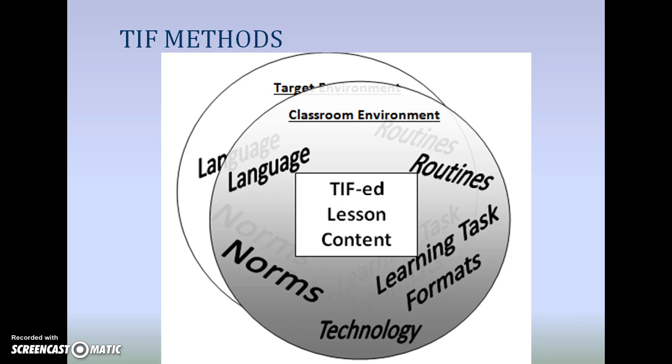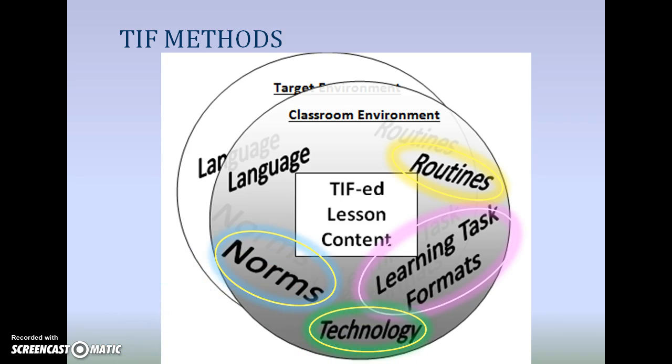So let's look more specifically at the methods that are in this classroom environment visual. We have routines, learning task formats, technology, norms, and language. These are 5 different methods that can be incorporated into a class to provide this authentic and consistent instruction in transition skills.